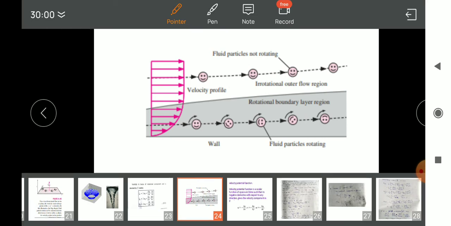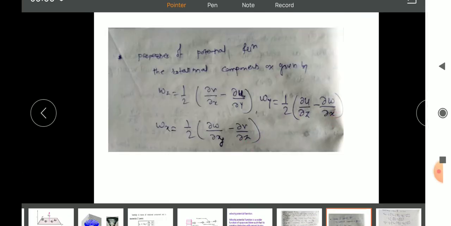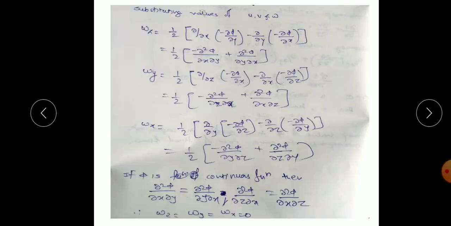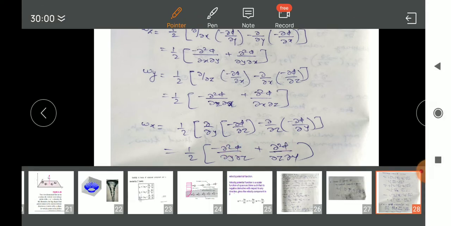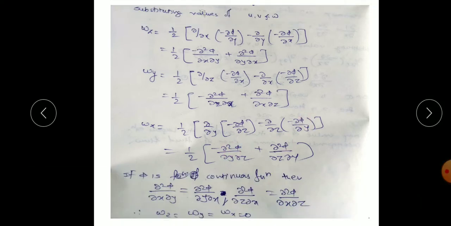When these are equal, these three components will be zero. That means the rotational components are zero, which means the flow is irrotational.